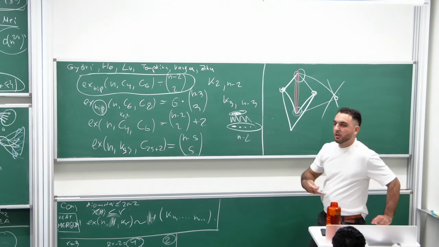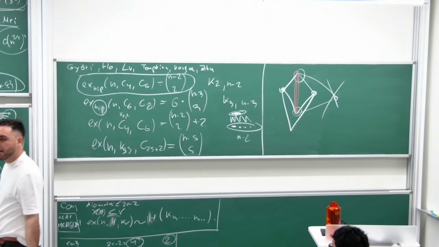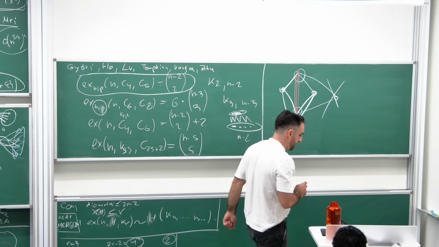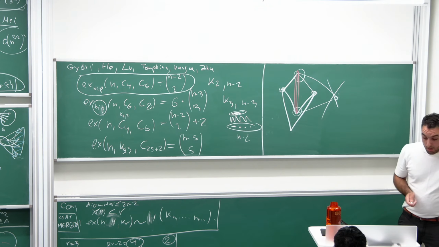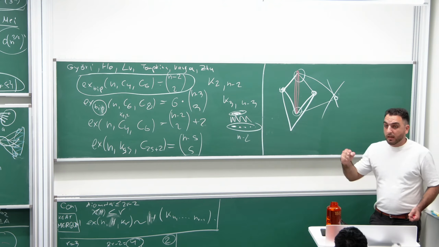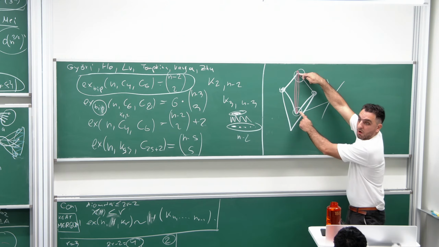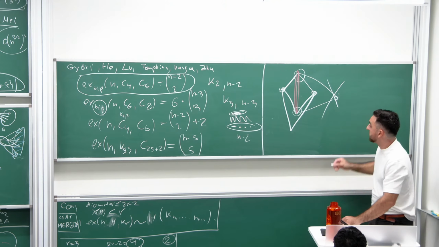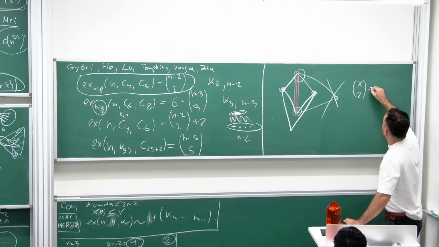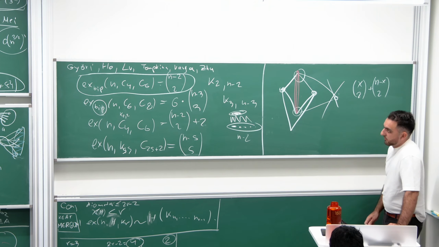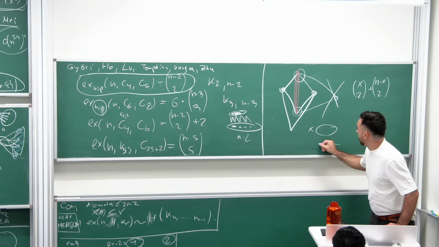So let's start putting those edges. For each C4 I have a unique edge. In the end, the red edges are as many as the number of C4s. So what do I know? The edges which I was adding, we are adding in the same color class. So the number of edges we get is at most x choose 2 plus n minus x choose 2, where x is the size of the color class in the bipartite graph.